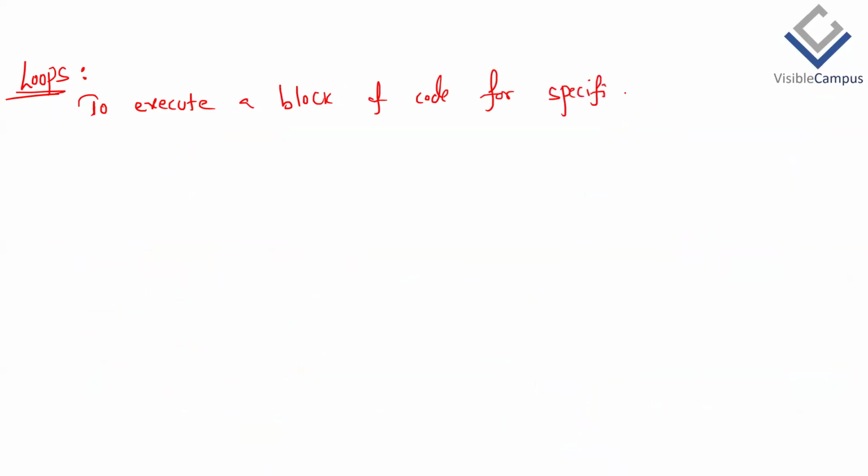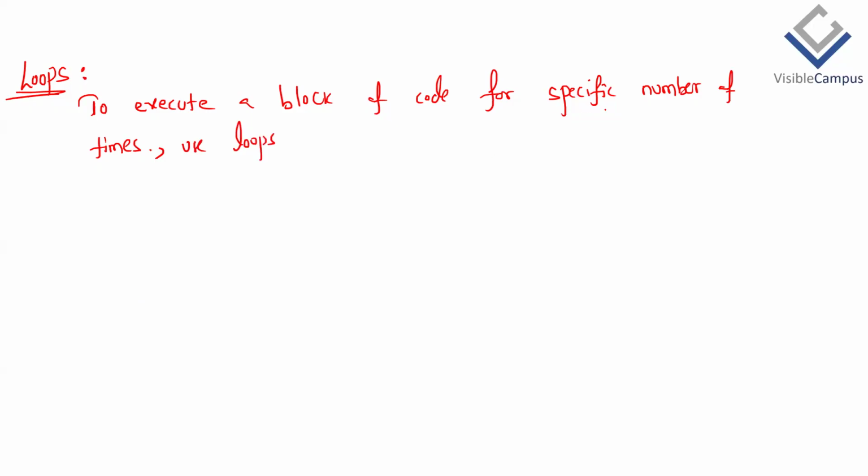When to go for loops? To execute a block of code for a specific number of times, then use loops.